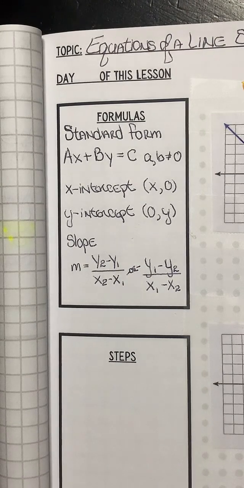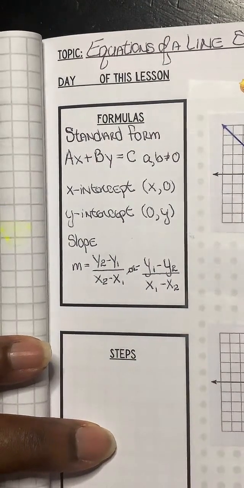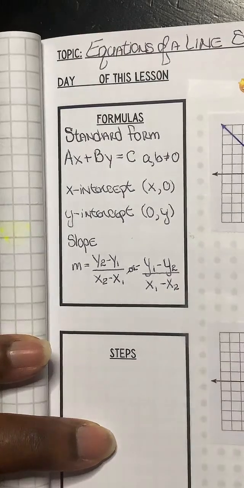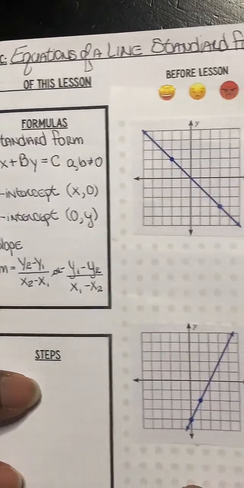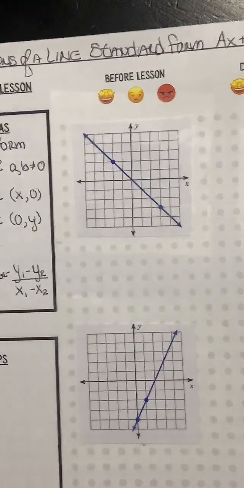Welcome in. All right, so what we are going to do for today, we're going to do a quick little review before we jump into standard form. I want us to find the equation.